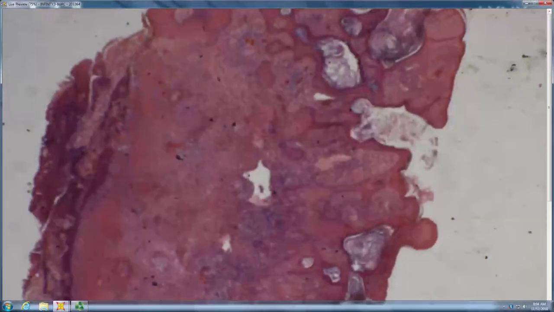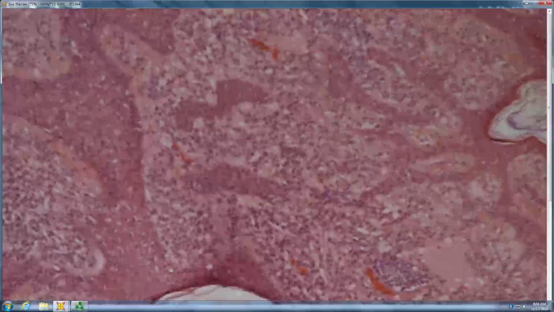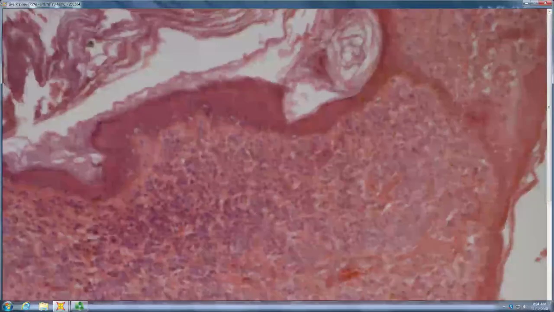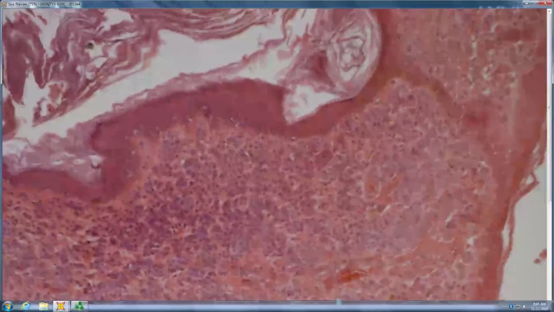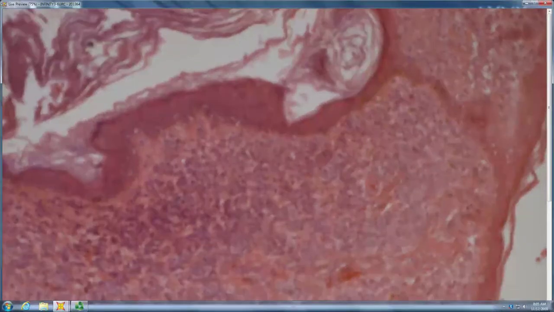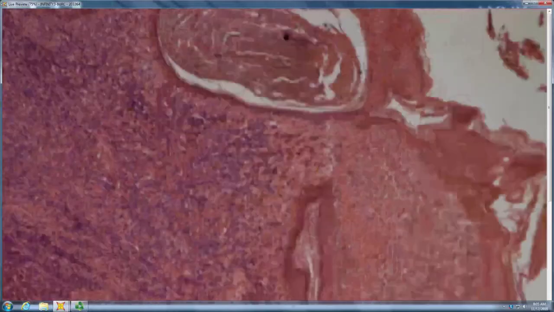Looks a little like a seb K. Those are kind of amphophilic. Well, I think it's been melanocytic nests. Yeah, melanocytic nests.